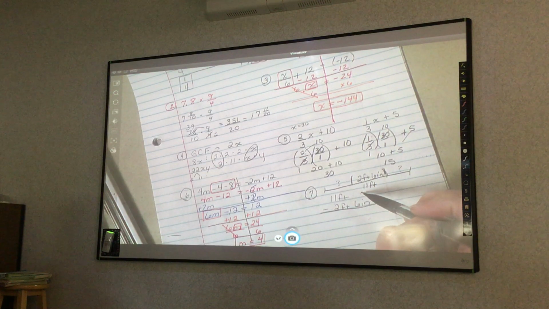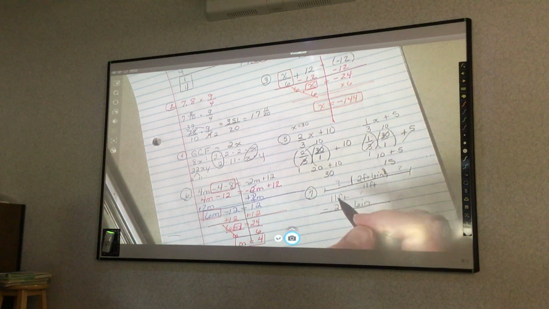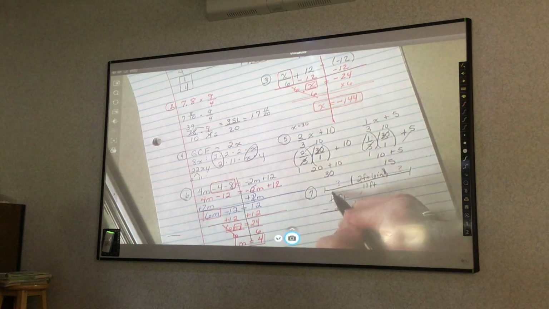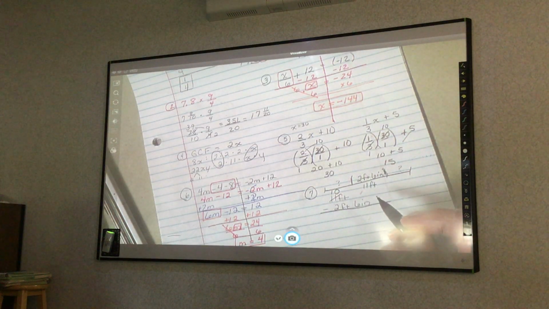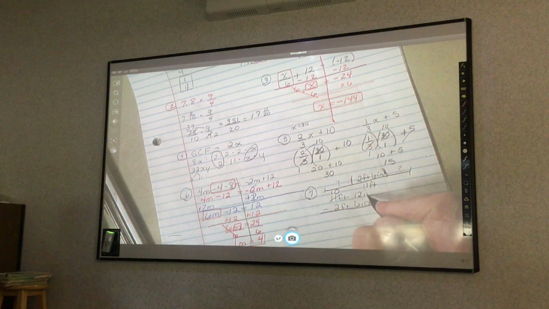Yes or no? No. So you have to borrow. But when you're dealing with feet and inches, I'm going to borrow 1 whole foot, so now I have 10 feet. Okay, you guys with me on that? So what's a foot in inches? 12 inches. So I've got 10 feet, 12 inches.